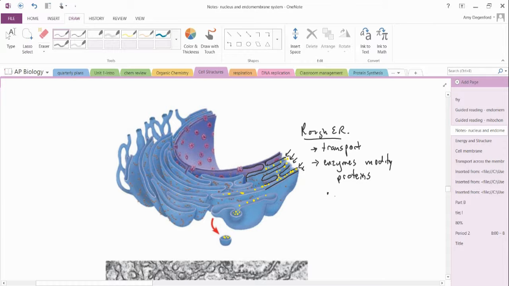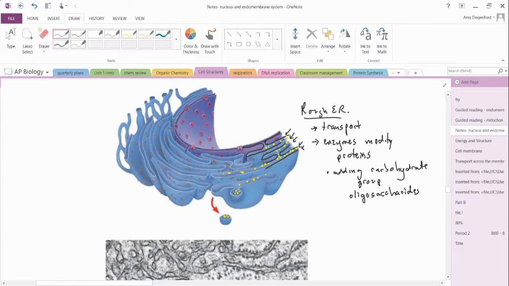Usually what this involves is adding carbohydrate groups to the protein. And these were from a previous video that we watched. These might be oligosaccharides, those small chains. They're bigger than disaccharides, but they're not huge polysaccharides.